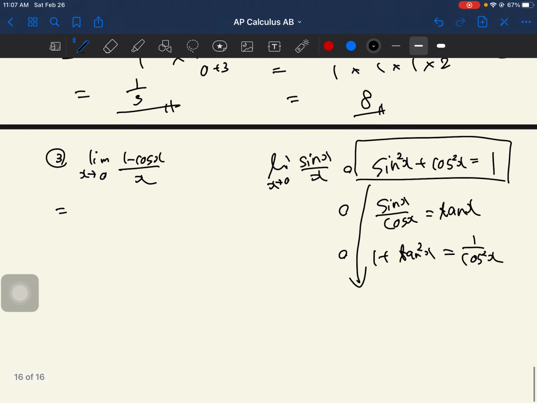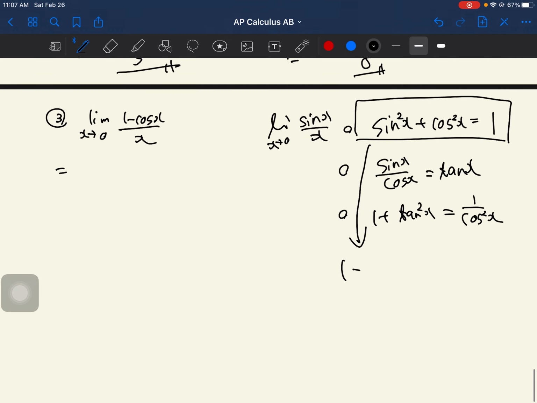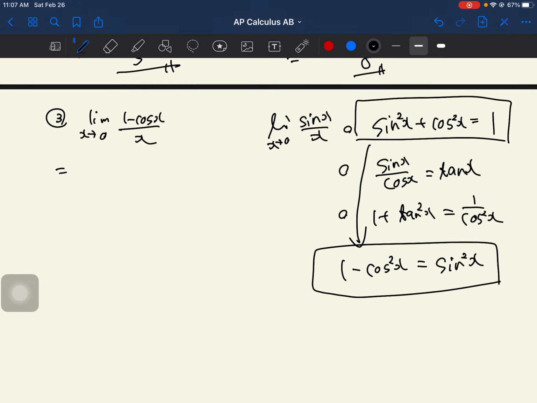Let me change the form of this one a little bit. It's going to be 1 minus cosine squared x is going to be sine squared x. Do you see the difference between this one and this one? Yeah, let me create this function just by multiplying 1 plus cosine x over 1 plus cosine x.